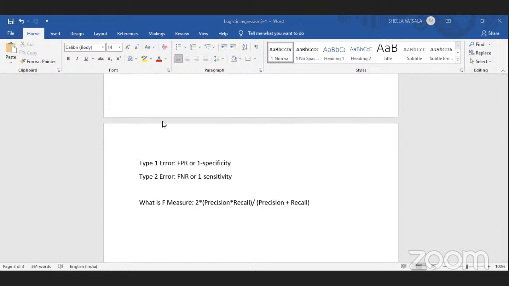Right. So what are the next questions? We have already understood what is accuracy, what is sensitivity and specificity. Then how do we do the cutoff point? Okay, there's one thumb rule on which we can identify the cutoff value.